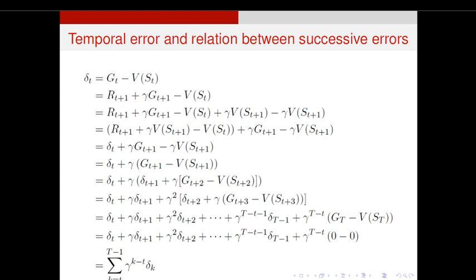This is the relationship between the current state temporal error and the next immediate temporal errors, and in that fashion up to the end state temporal errors. So we can calculate the current state temporal error in terms of the coming states' temporal errors: delta t+1, delta t+2, delta t+3, and so on. That is the mathematical derivation for the temporal difference at a particular stage in terms of the temporal errors of consecutive states.